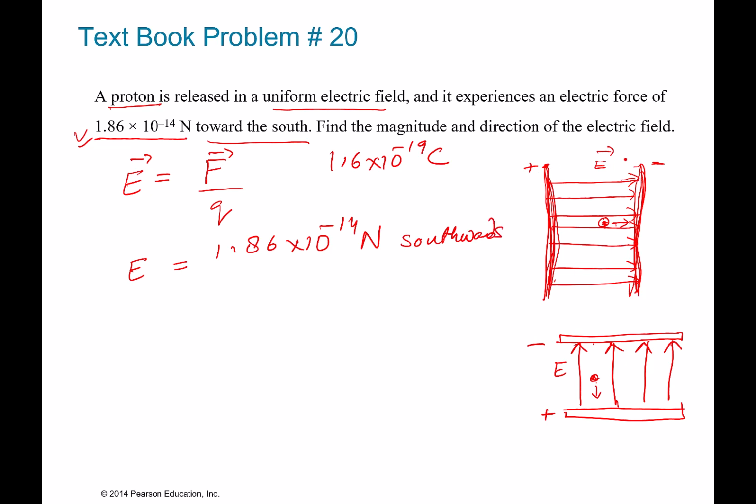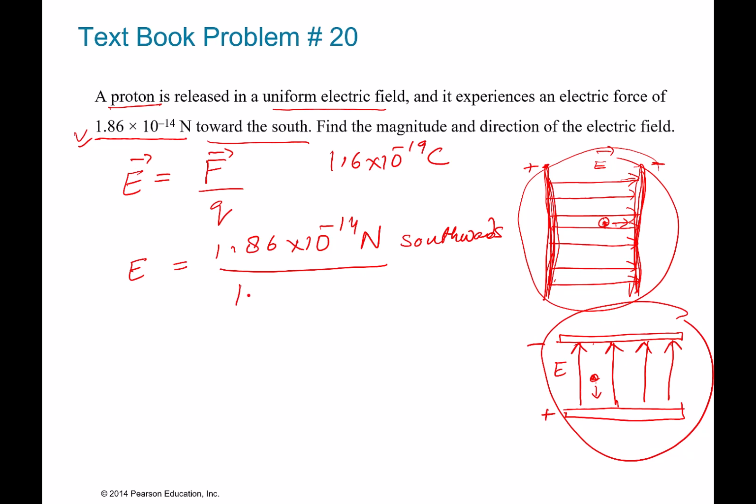You don't have to actually think about these diagrams, just keep in mind it is southwards, divided by the charge 1.6 × 10^-19 coulombs. If you work it out, the electric field created is 1.16 × 10^5 newtons per coulomb, south.